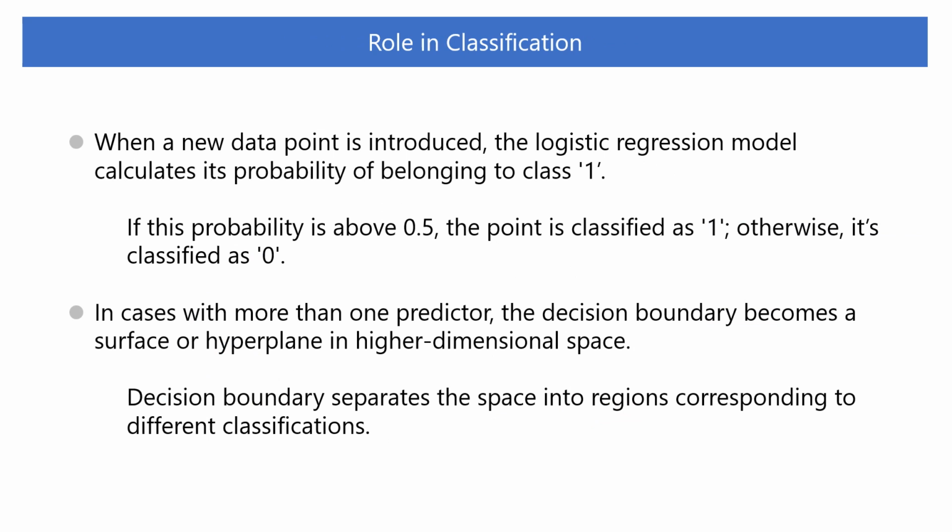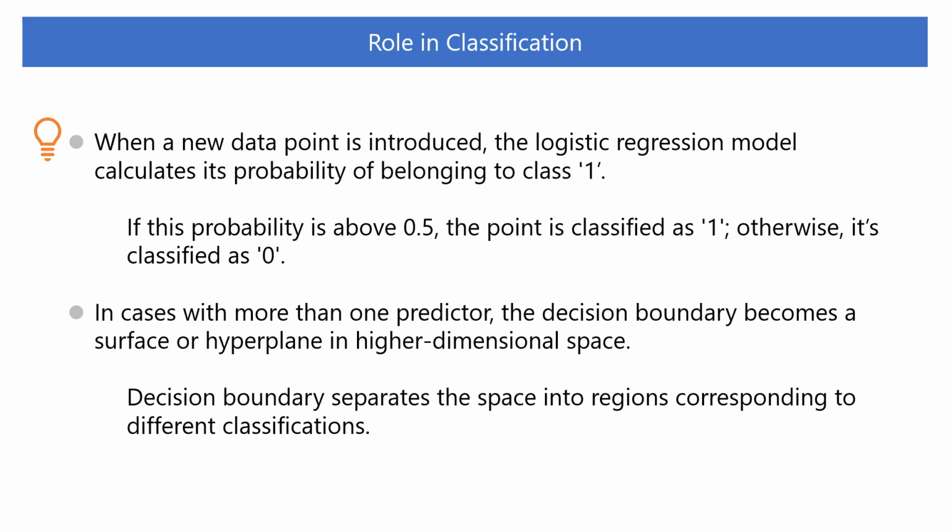Let's summarize the role of decision boundary in classification. When a new data point is introduced, the logistic regression model calculates its probability of belonging to class 1. If this probability is above 0.5, the point is classified as 1.